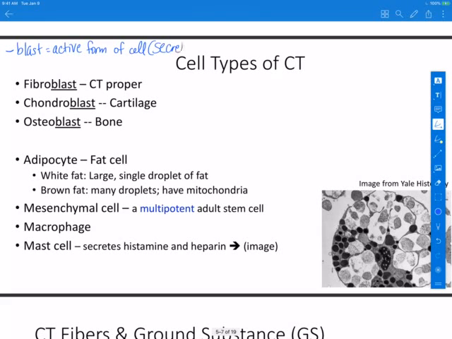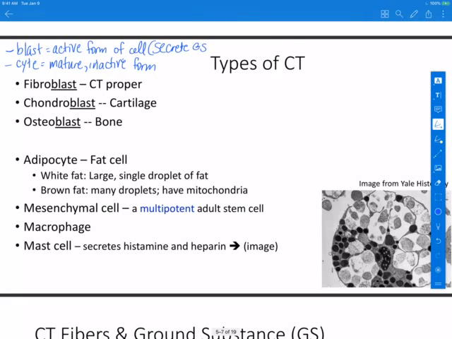It divides, it can secrete ground substance. Now, a cell that ends in the suffix cyte is the mature inactive form of the cell. And it often is just involved in maintaining the connective tissue.